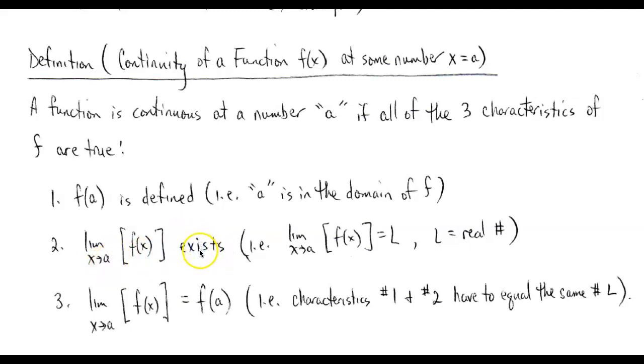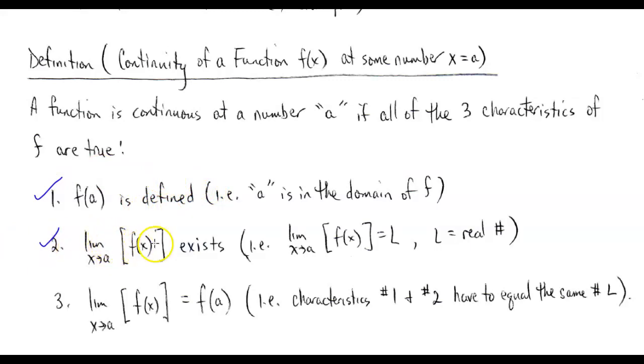Now, what does that mean? It just means that if we evaluate the limit of this function at x equals a, then it's going to equal some real number. So first we have to know that for the function we're dealing with and the x value whose behavior we are evaluating, the function at that x value is going to produce a y value that's a real number.